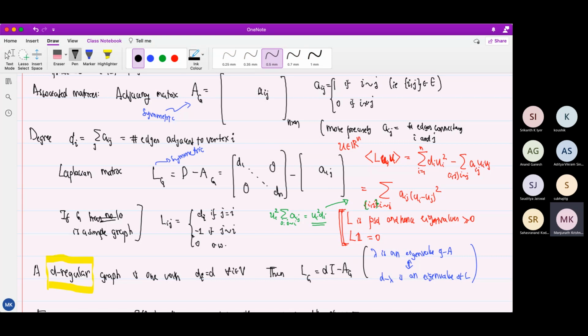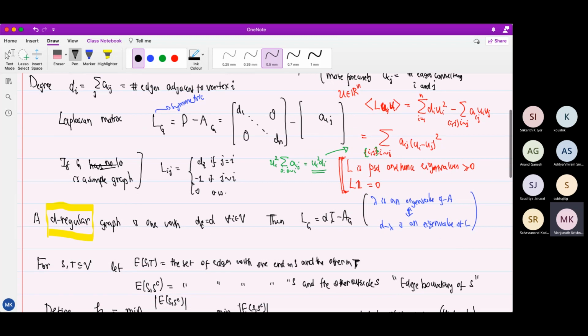But if we take a d-regular graph, then L is d times identity minus A. So lambda is an eigenvalue of A if and only if d minus lambda is an eigenvalue of L. So that way we can transfer things easily.